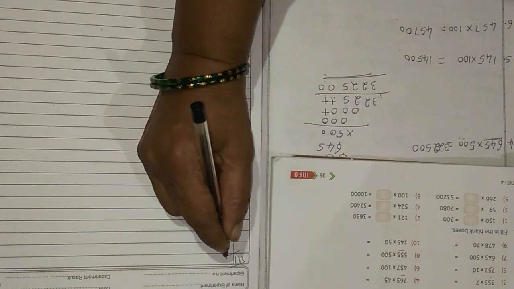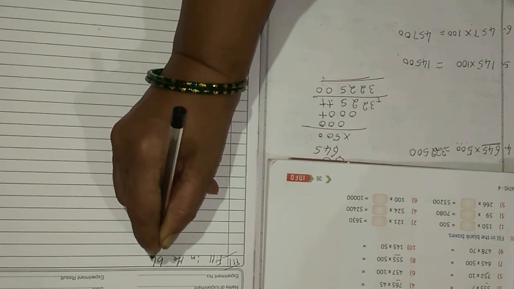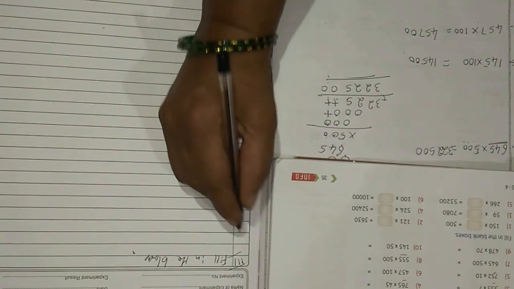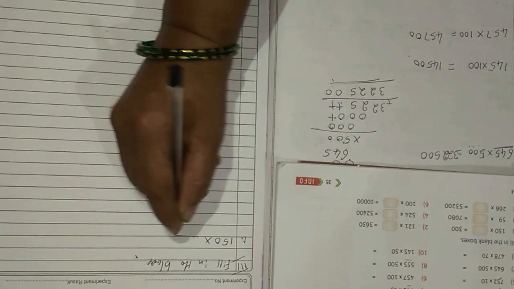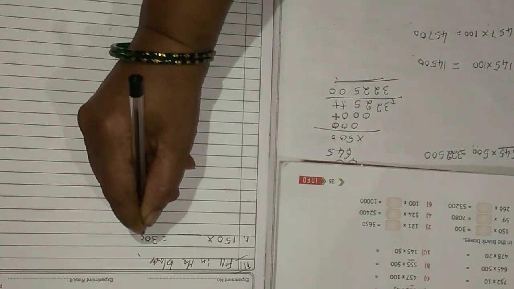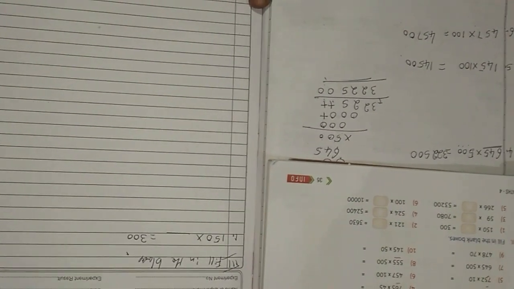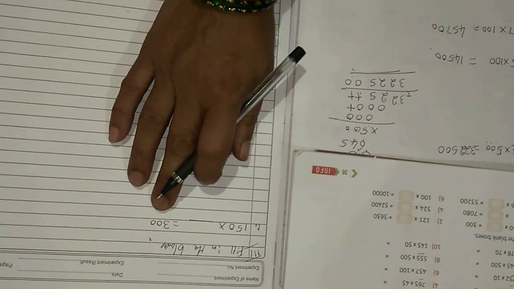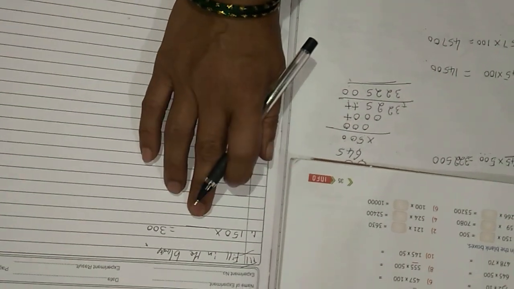Now, next third main. Okay, third main, fill in the blanks children. First one is what is there? 150 into dash is equal to 300. Okay. So, I already taught division for you. So, if you divide 300 by 150, you will get the answer.